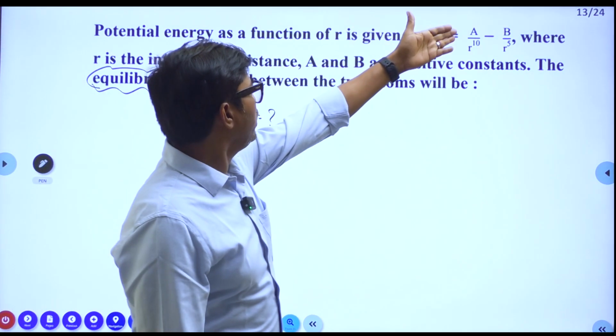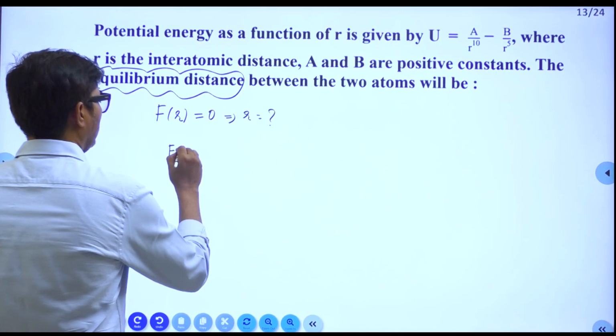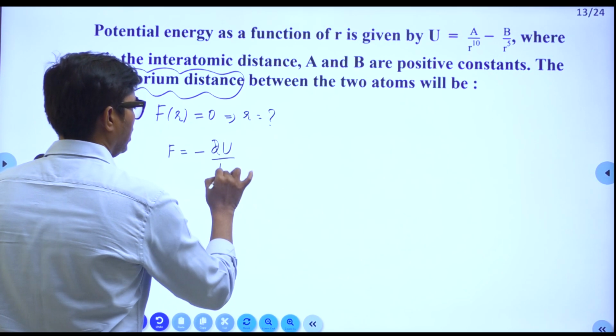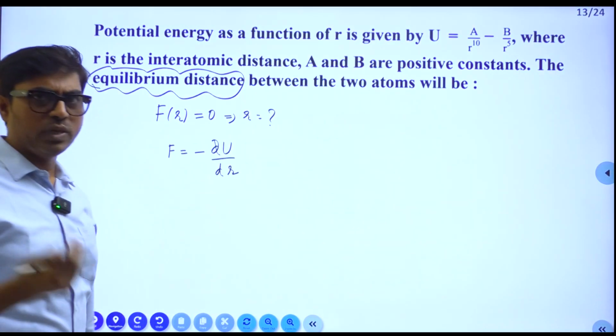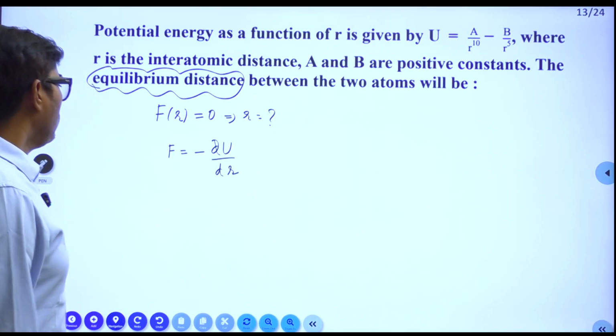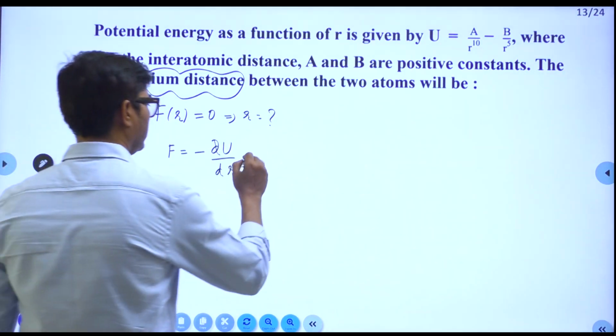So you should know how to find force from potential energy. I hope you are aware of it. Force is equal to minus dU by dr. It's one dimensional, so we can do exact differentiation only. If it is 2D or 3D, we'll do partial derivatives. It's a very simple standard result.